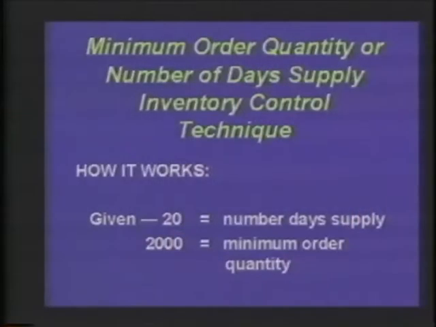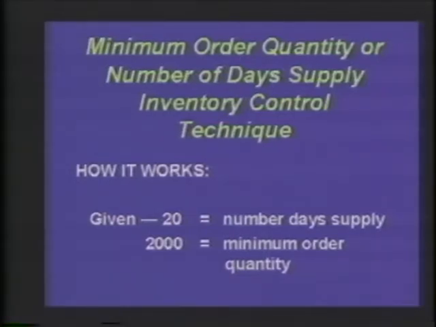Now, moving on to page 35, we have 2 different examples that we want to address relative to a minimum order quantity, or what we call a number of days supply. And here's how it works.